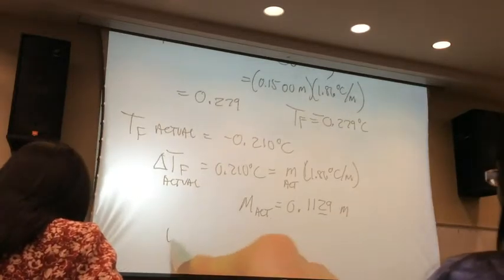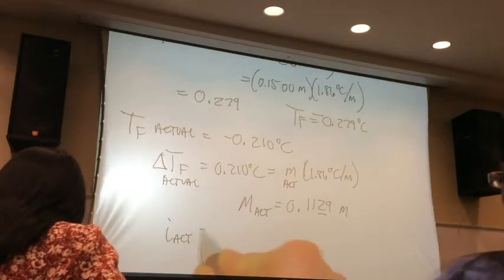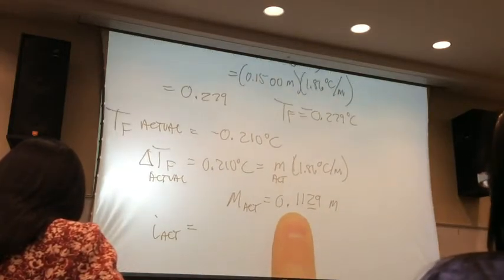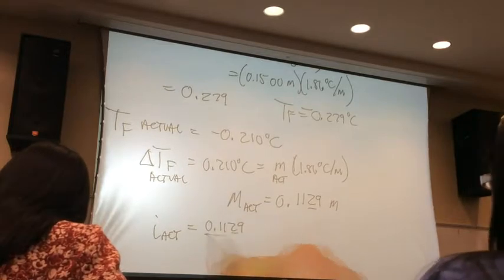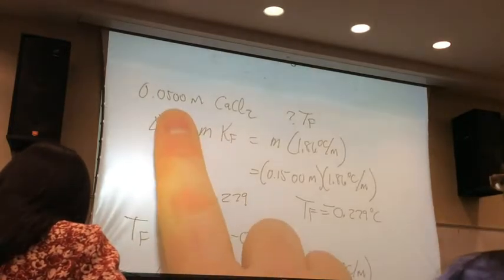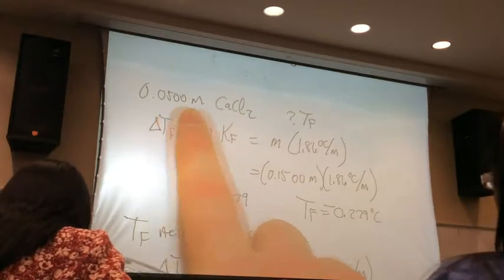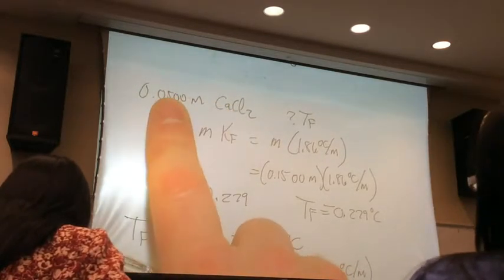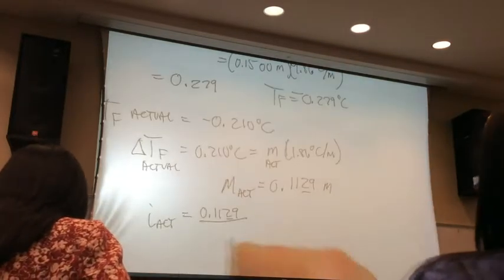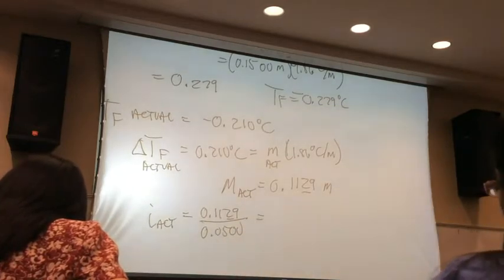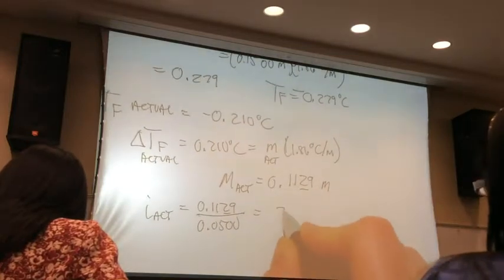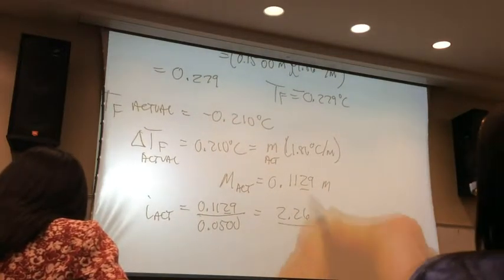So the I, the actual Van Hoff factor, is going to be your actual molality, which is 0.1129, divided by what you made up. This is assuming no dissociation, 0.05. So you divide this by 0.05, and you get an I of 2.26.